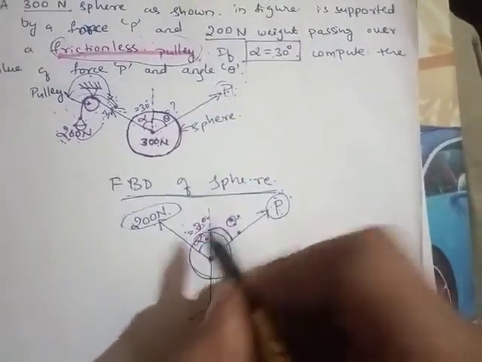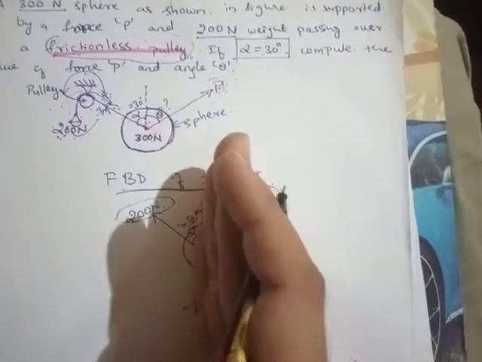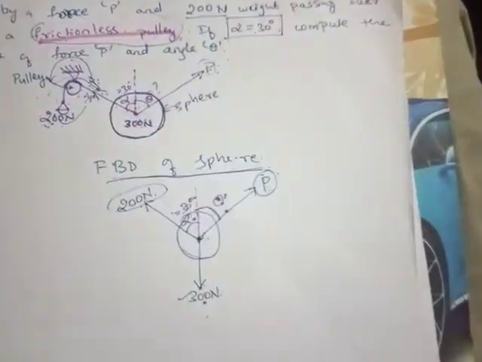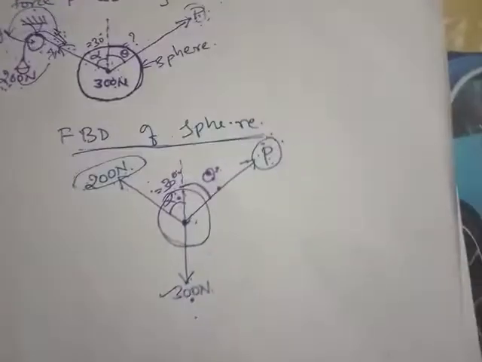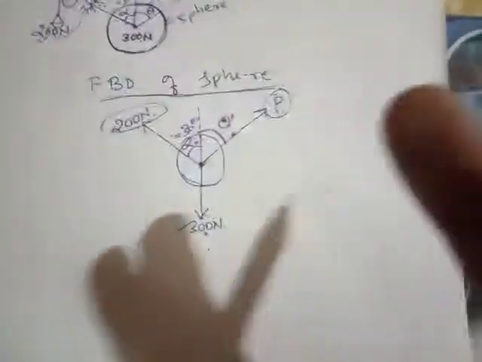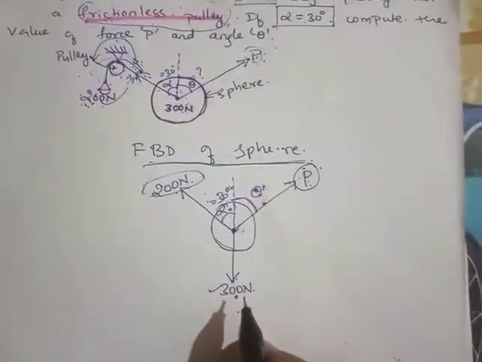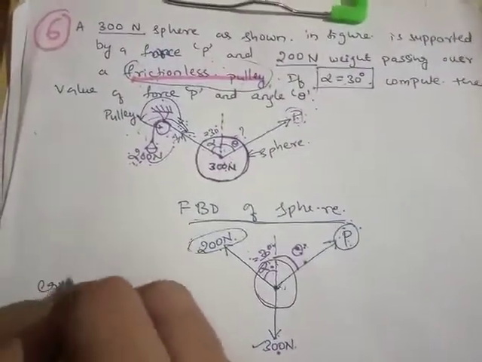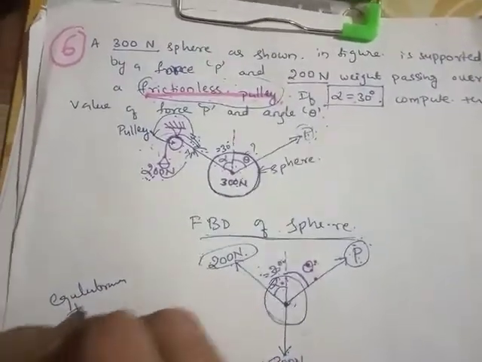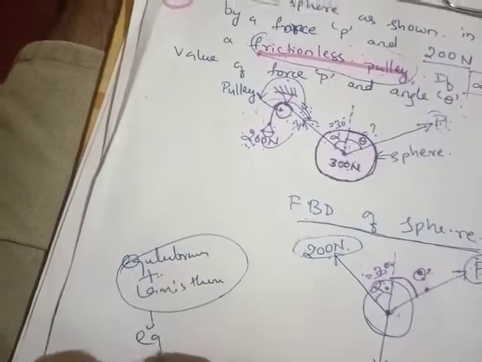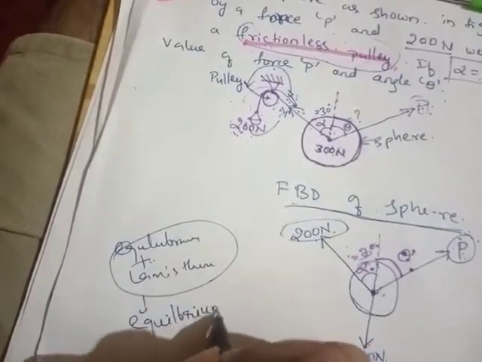If you see here, the angle alpha is given with respect to the vertical plane, and they asked us to find theta, that is the inclination of the force P with respect to the vertical plane. We can solve this question by two methods. One is the combined application of the equilibrium equation plus Lami's theorem, or another method is only using the equilibrium equation.